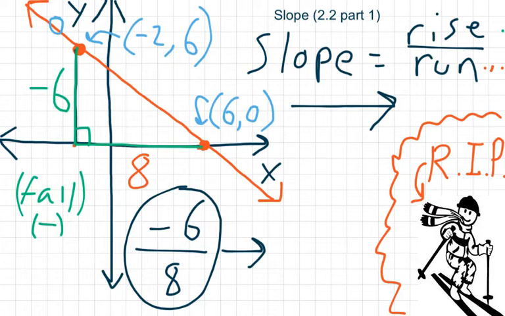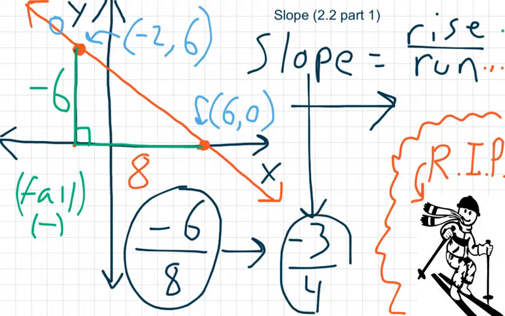So my actual slope is going to be -3/4. I mean, yeah, -6/8 is your slope, but -3/4 is your most reduced answer. Smaller numbers are easier to work with. You want to reduce that fraction as much as possible. So the slope of this line over here, this orange line, is -3/4. So that's how you find slope on a graph given a line.